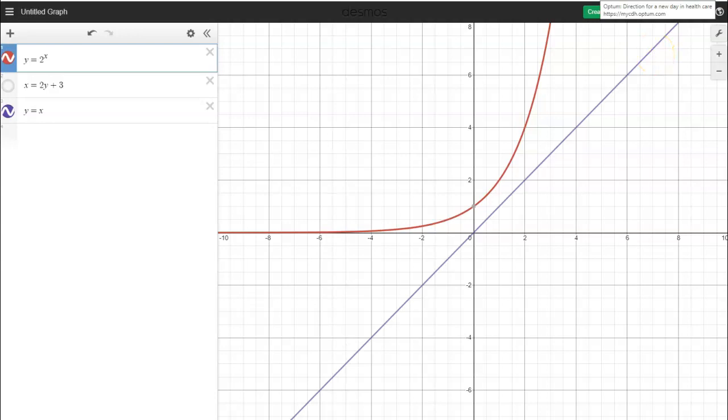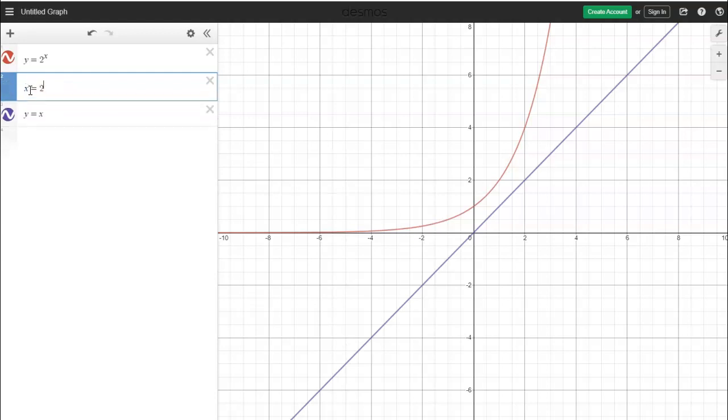If I just took a screenshot of this, I gave it to you on paper, you printed it off, and I said, without even looking at the equations, just sketch out the inverse, you should be able to do that, because these are going to be reflections over this line. So think about what that looks like, and let's go ahead and check it, because I'm just going to switch the x and the y. So I'm going to say x equals 2 raised to the y. Turn that on, and look at what the inverse is right here. It's a reflection of that graph.